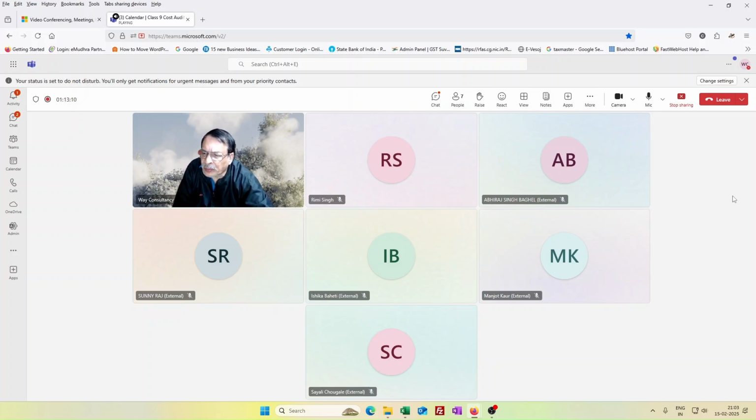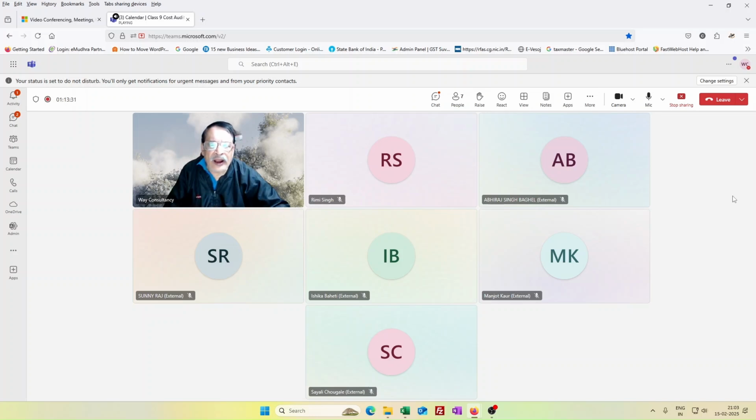There is a vast subject, at least 3-4 days to take that class, and cost accounting standards not less than 15 days. There are 24 and one more is coming, 25, so not less than 15 days should be taken for that aspect.